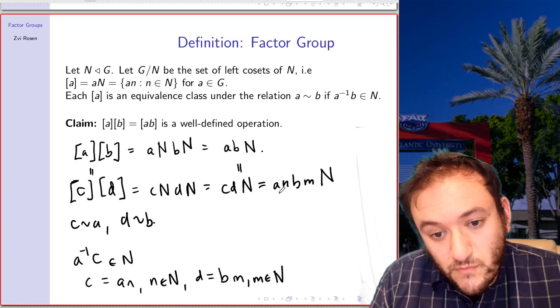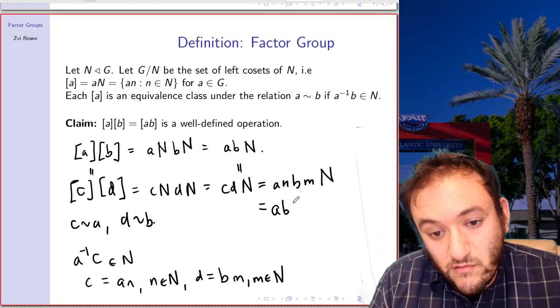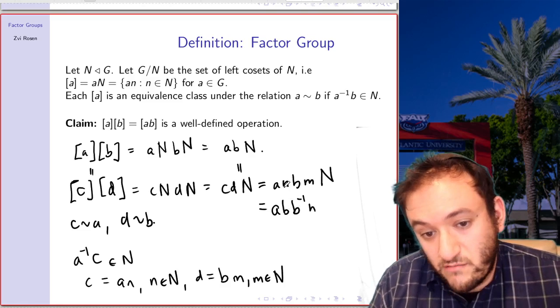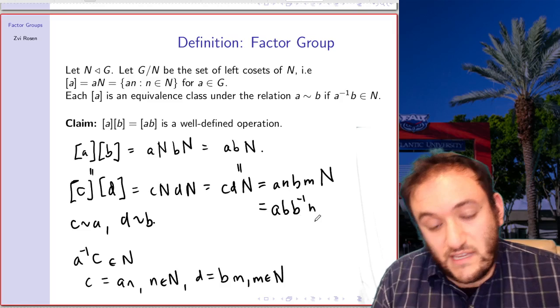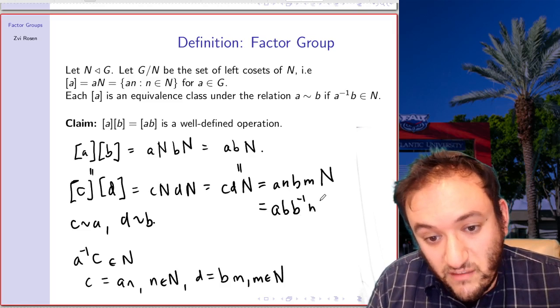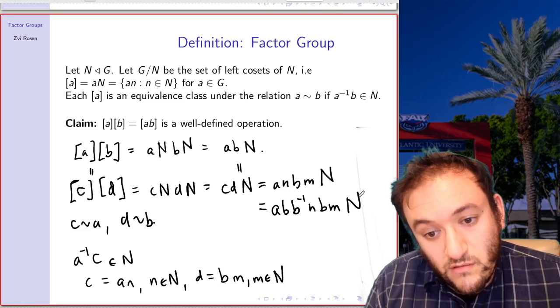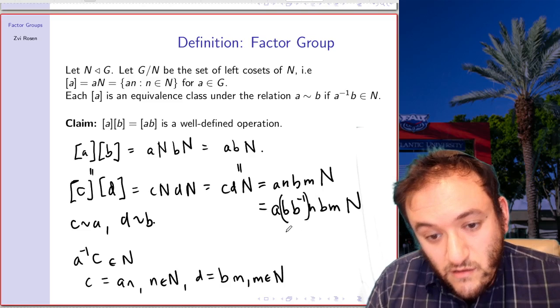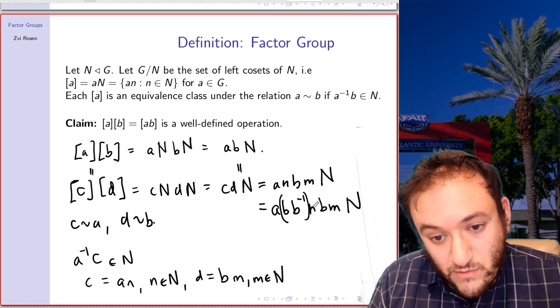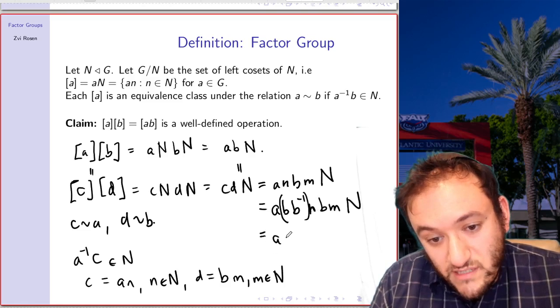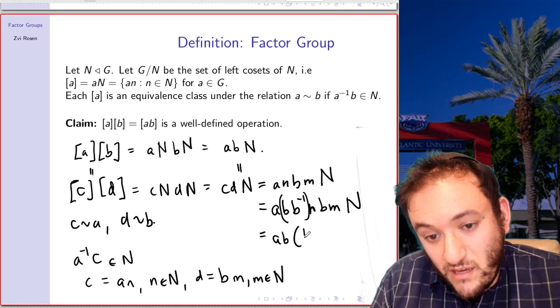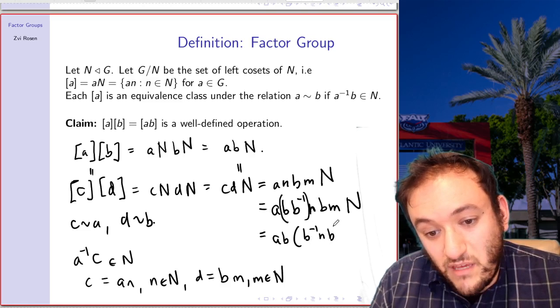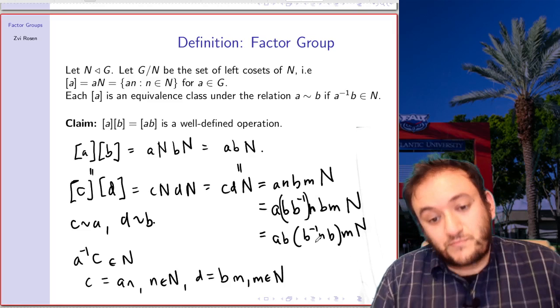Well, I can insert b inverse here without changing what this means, because this is just the identity. It doesn't change the value of the element of the group. And that's why I can insert it, because it equals the identity. But then by associativity, I can also write this as ab, b inverse nb, mN.